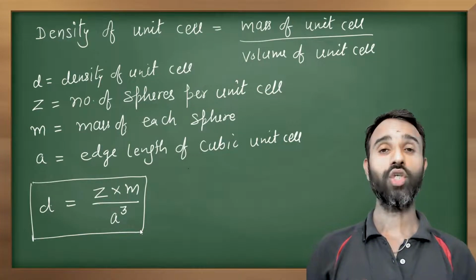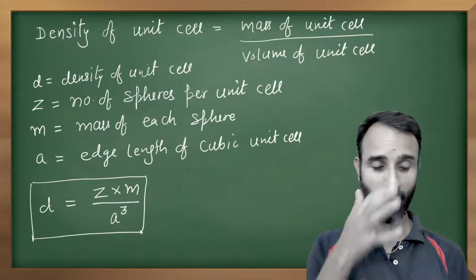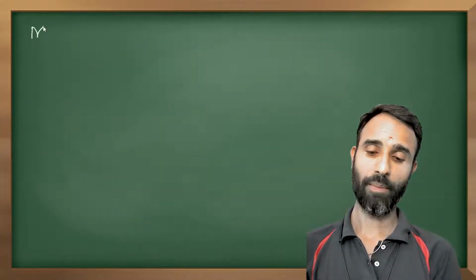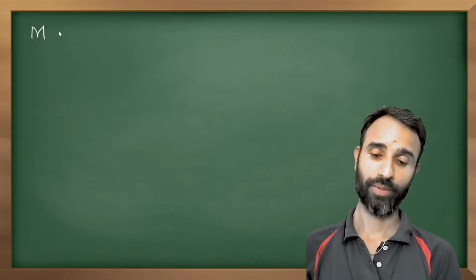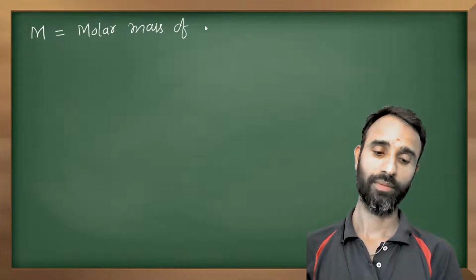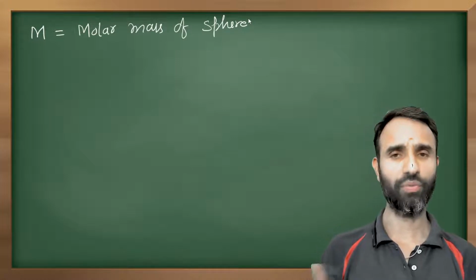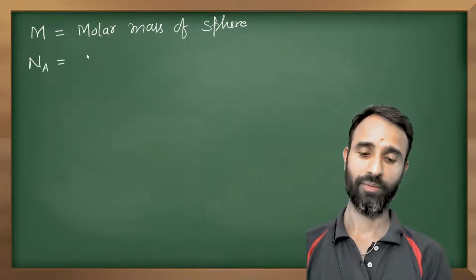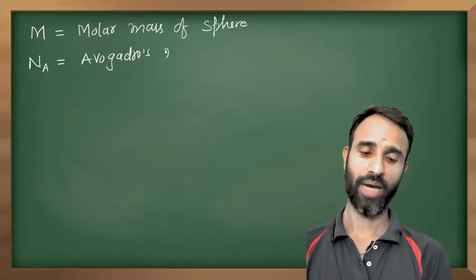But now mass of each sphere, to calculate mass of each sphere, let us say capital M is the molar mass of particle, means sphere, and Na is Avogadro's number.